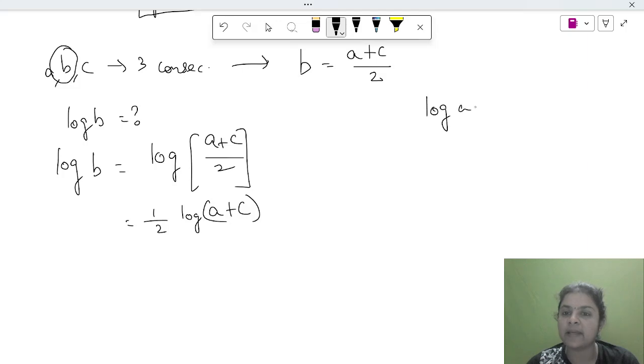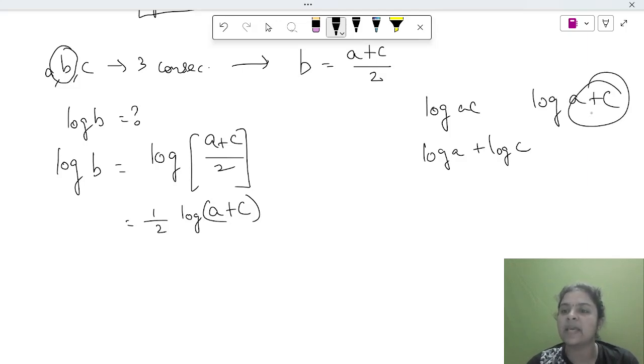If it is like this, then you can convert it as log a plus log c, whereas the value given is log of a plus c. This cannot be split like that. Remember this very, very clearly. Got it? Any doubts?